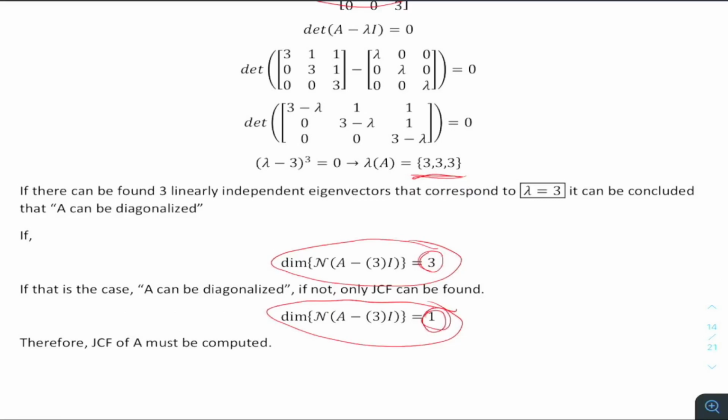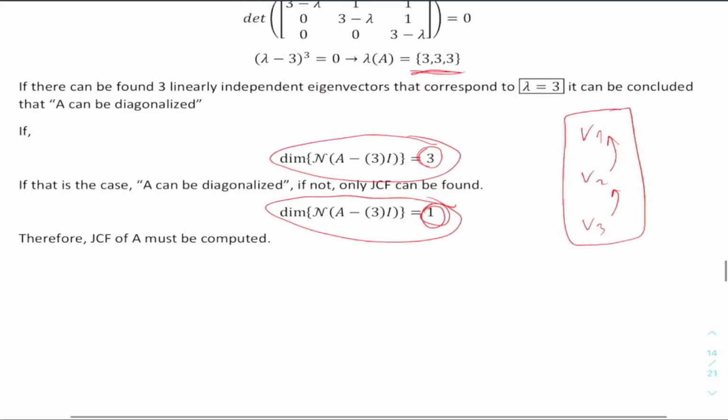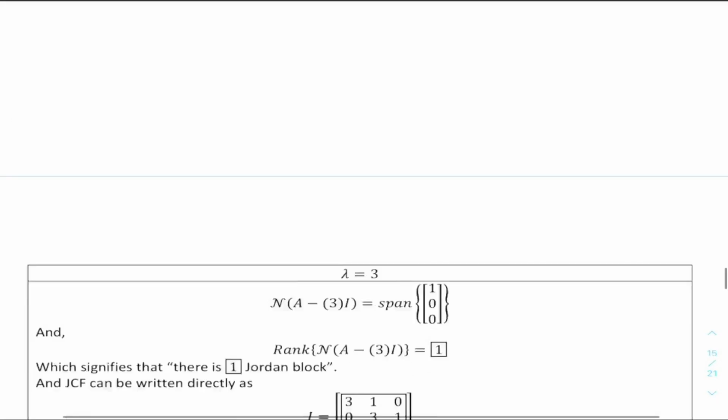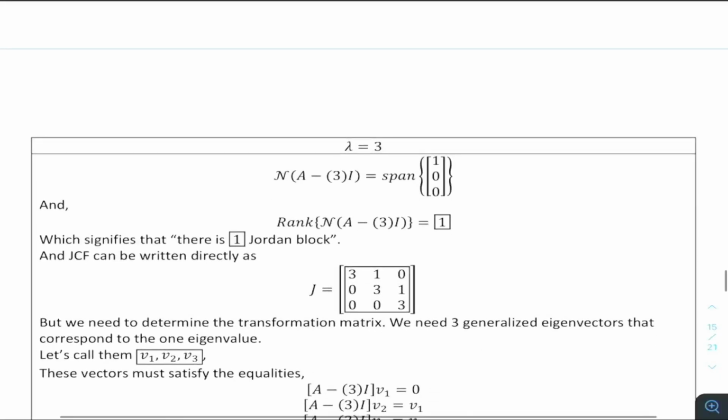The dimension is 1, right? And therefore, we will probably have v1, v2, and v3, something like this type of chain. And so let's first compute the proper eigenvector that corresponds to lambda equals 3.